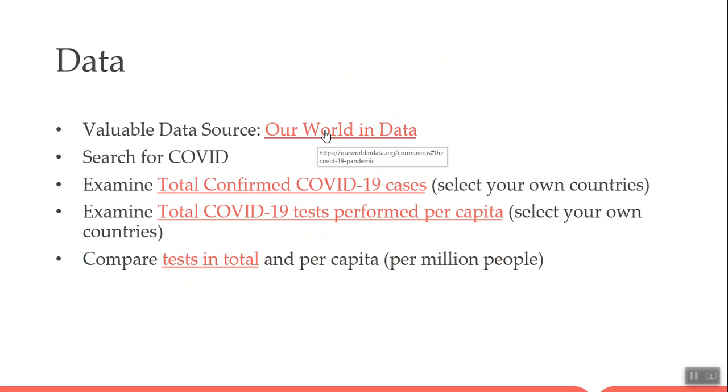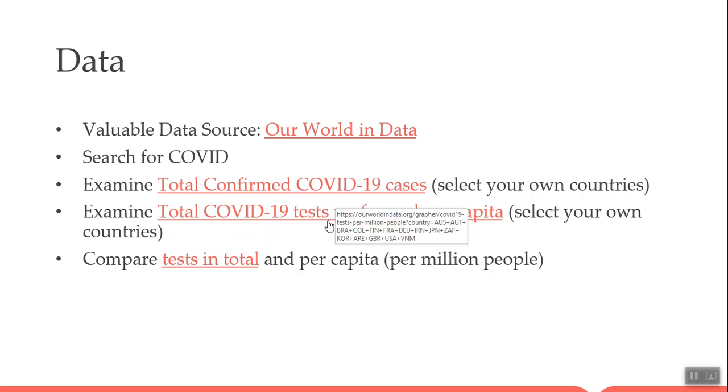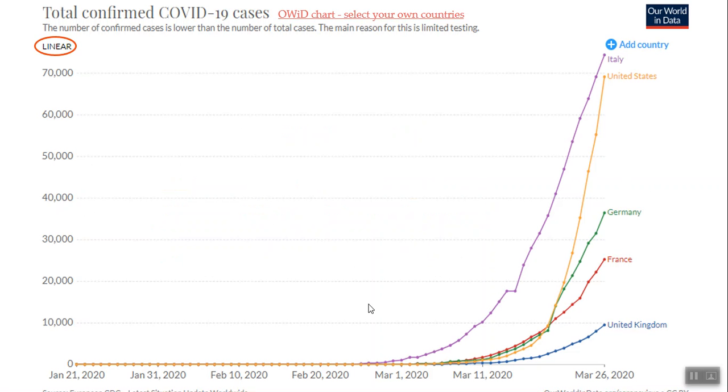Here we're looking at data sources, Our World in Data, which we're going to be using, the total confirmed COVID-19 cases, okay, and places that we can start looking at tests per capita and tests performed. Okay, and here we have the idea of the linear model.